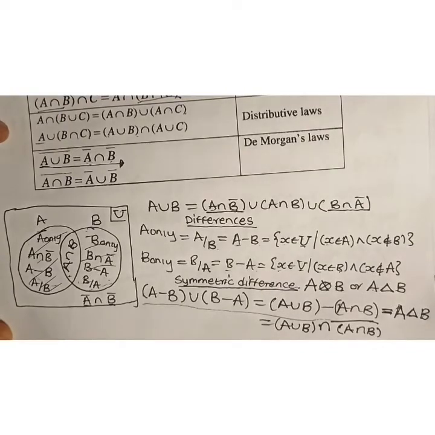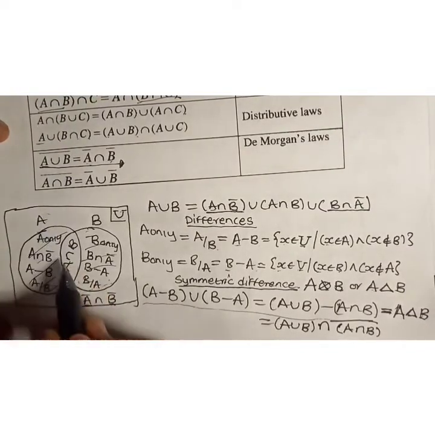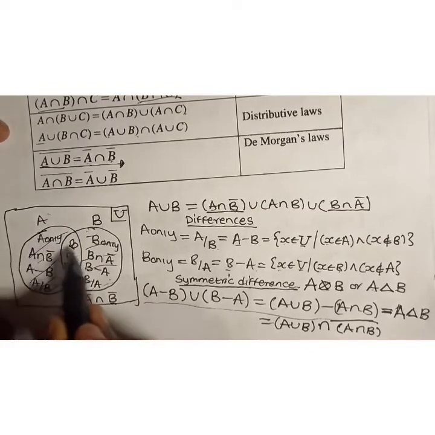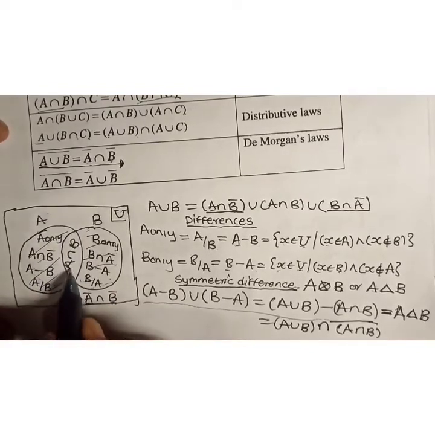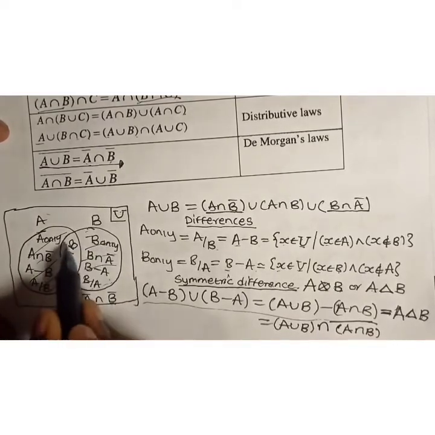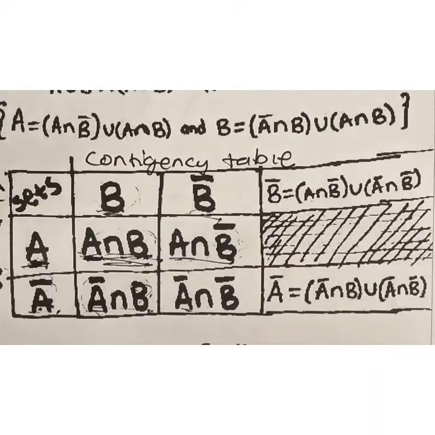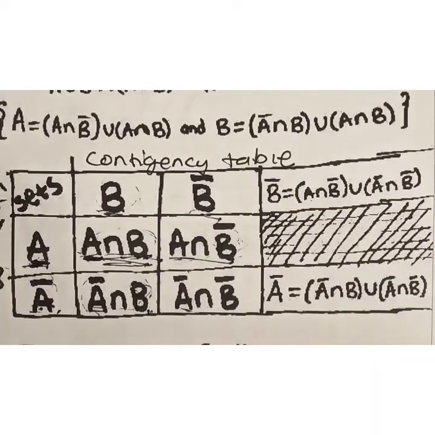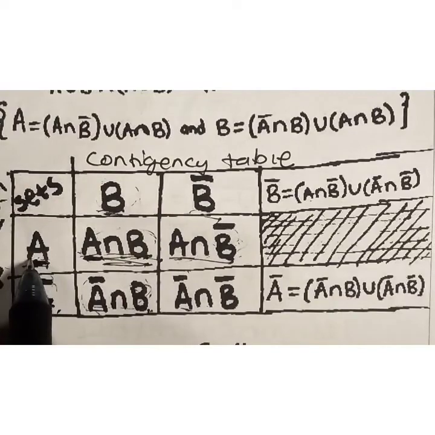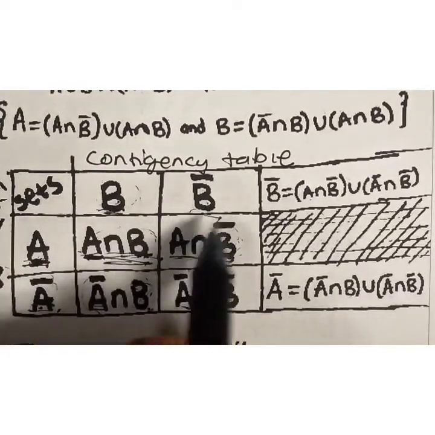And one other thing. Do you see that set A is nothing but A only union A intersect B, and set B is nothing but B only union A intersect B, and this is clearly indicated on the contingency table. This is the table I'm talking about. So you can see that you are having your set A and A complement, your set B and B complement.